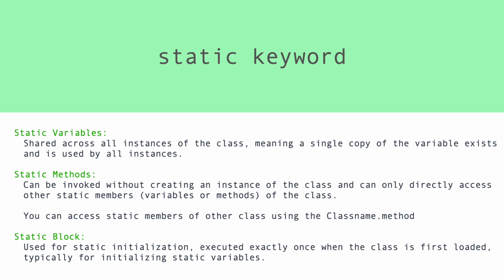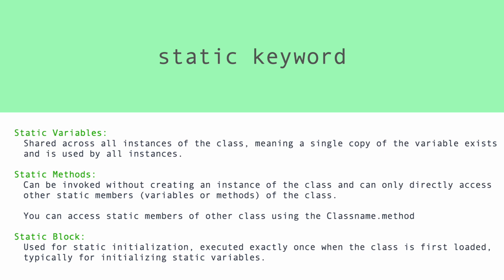You can also use the static keyword for variables, which means those are shared across various instances of the classes, so in a way they act like global variables. You can also have static for blocks.